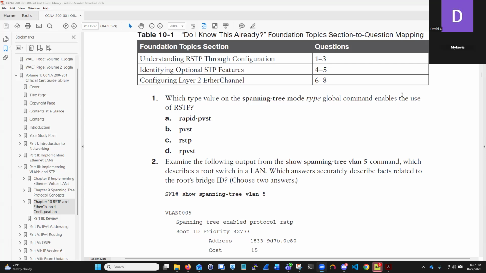Okay, for rapid spanning tree, what value is used to enable RSTP? You can look through your books if you need to, or Google it. What's that value on the spanning-tree mode type global command that enables the use of RSTP?